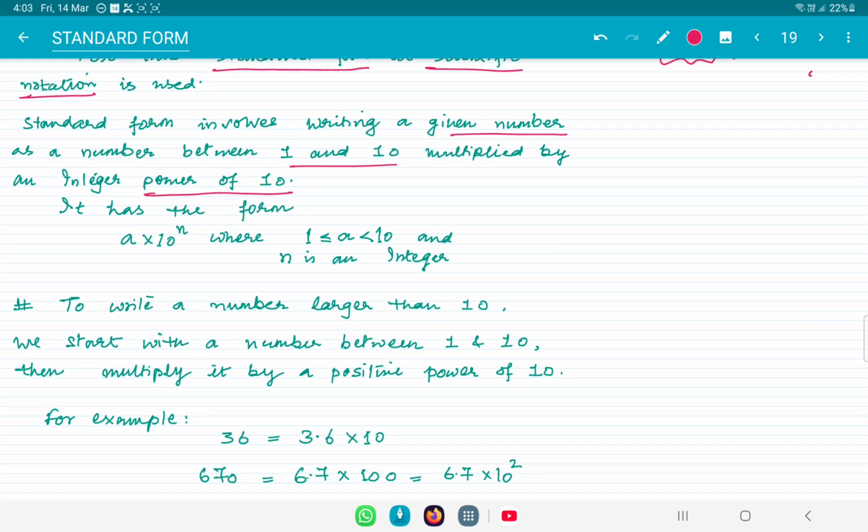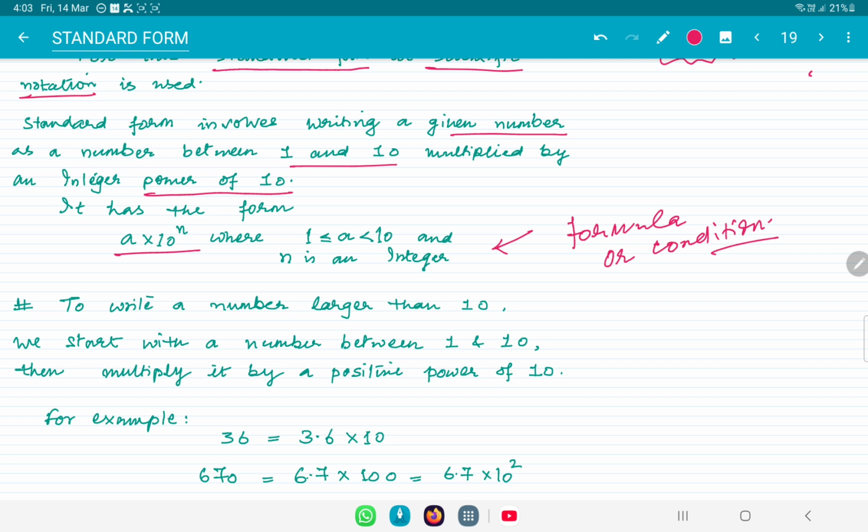So always you will write those zeros as a power of 10. You can call this a formula or condition for standard form.